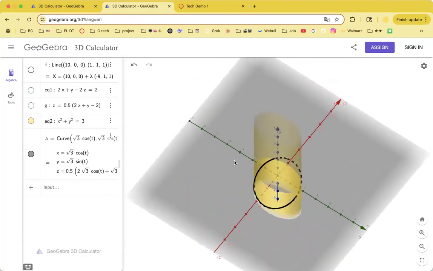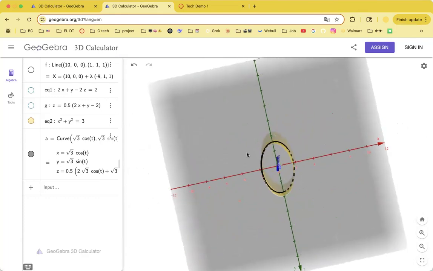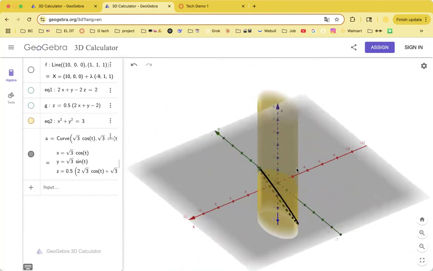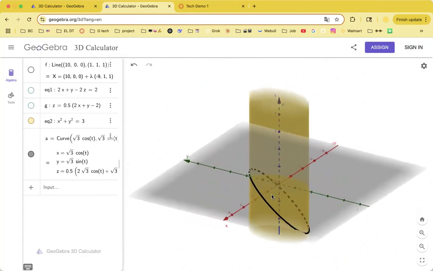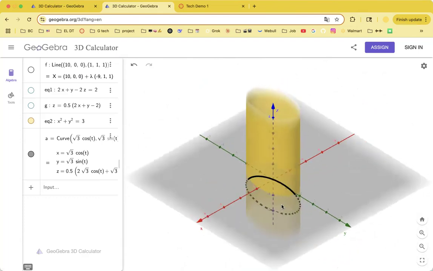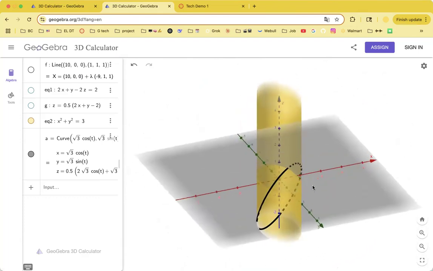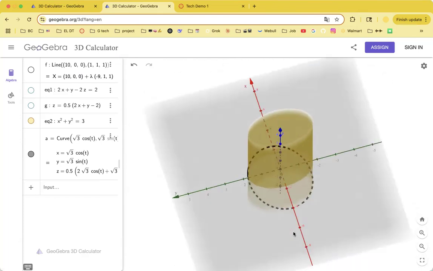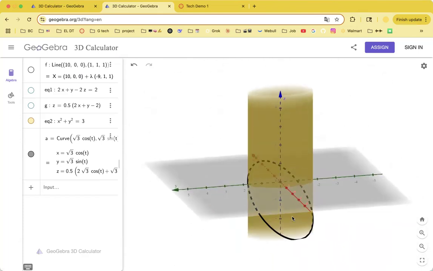From the bottom is kind of hard to see, but I think it's pretty easy to see from the side. Okay. So the ellipse is actually an intersection of the cylinder.